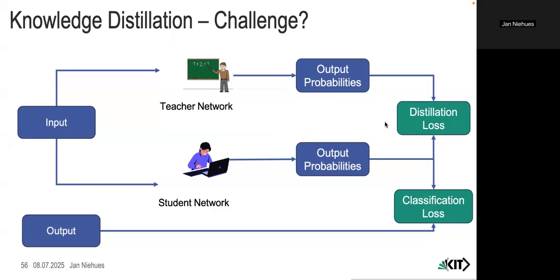Do you see anything which might be challenging, or why it might not be super straightforward? We said maybe it's nice to have both losses: the classification loss on your real data, and your distillation loss, which compares to the student output. Do you see anything in this type of sequence model which might be a bit challenging?